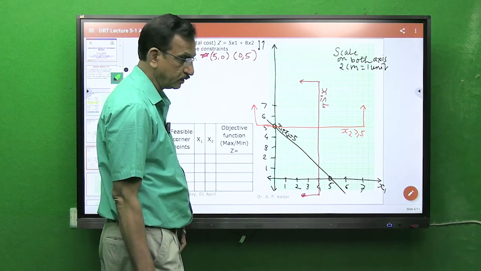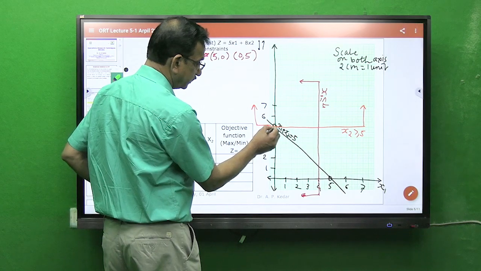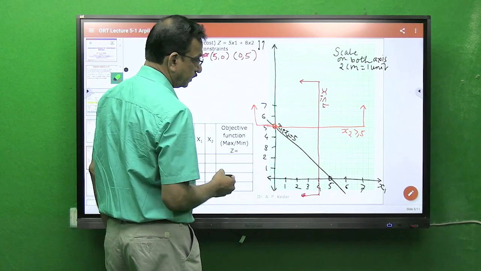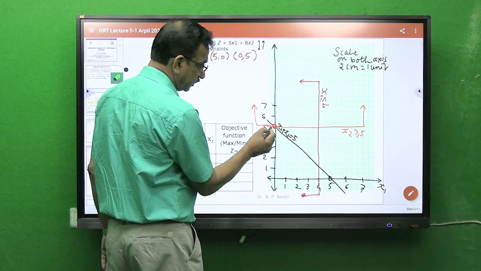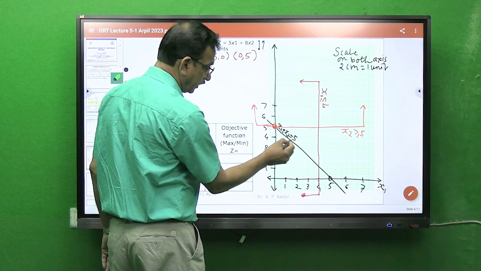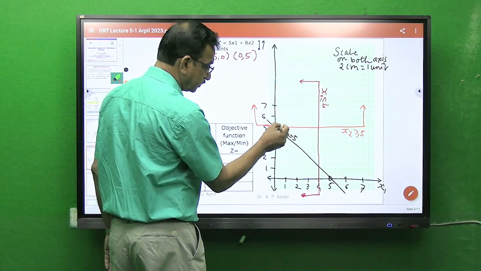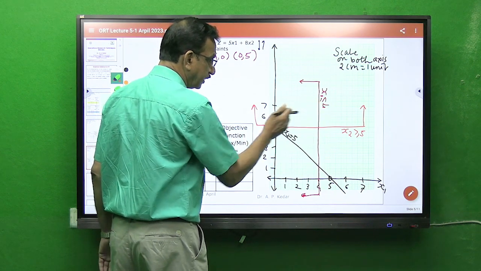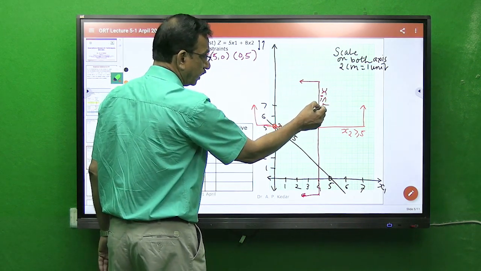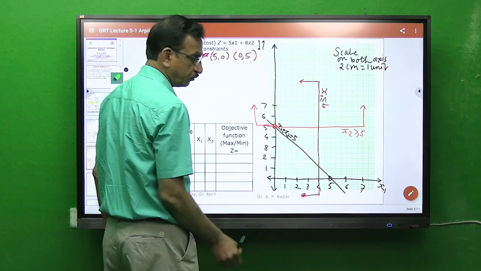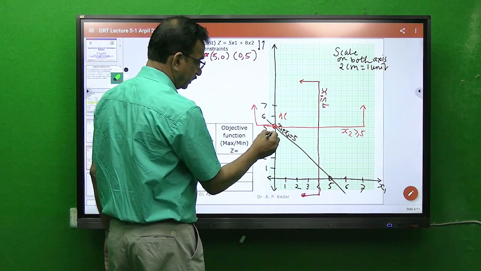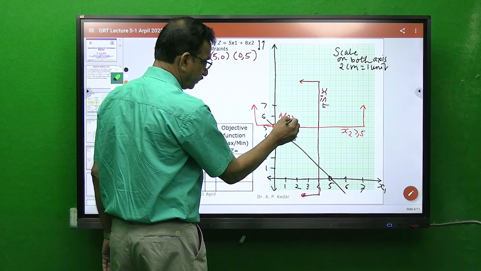If I consider this point, it lies on this line, and it also satisfies the area left of the line x1 less than or equal to 4. Suppose I write this as point A, which is 0, 5.